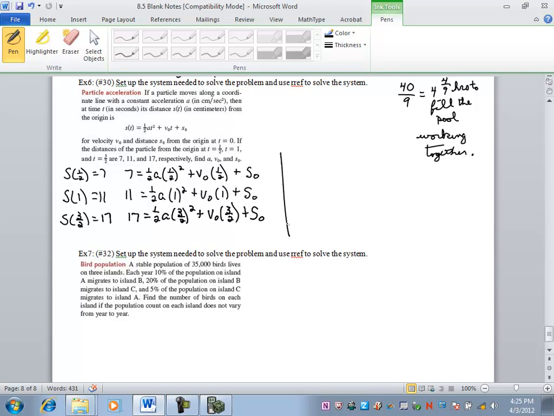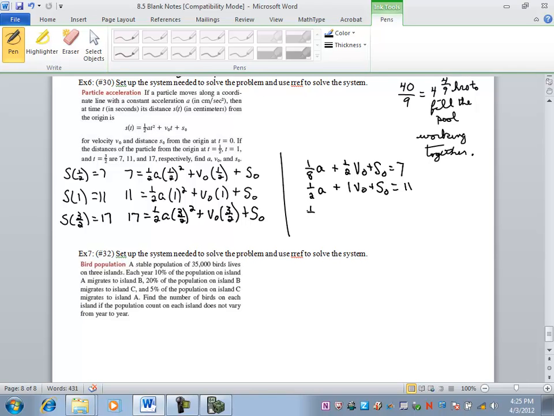Okay, and so what's that give us? Well, 1/8 a plus 1/2 v sub naught plus s sub naught equals 7. 1/2 a plus 1 v sub naught plus s sub naught equals 11.